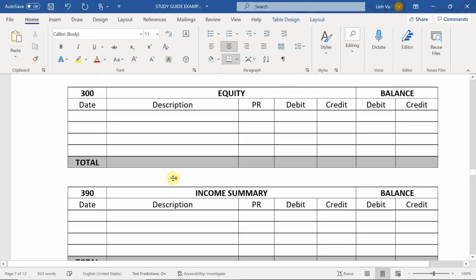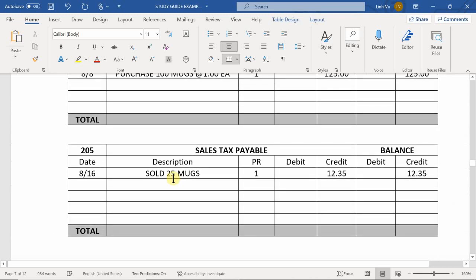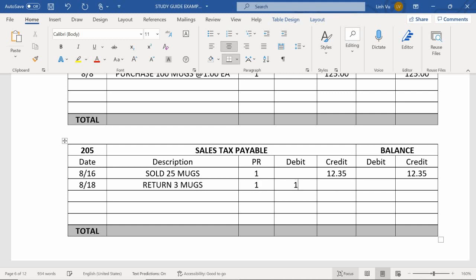Then to sales tax, return, it is $1.48, the debit 1.48.